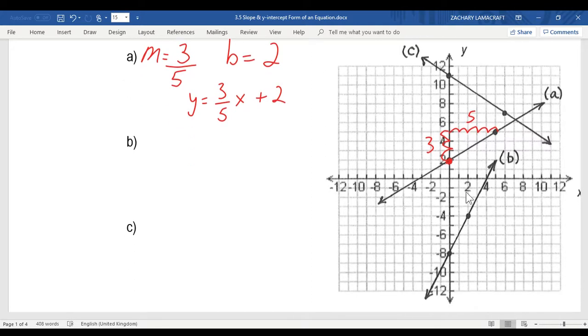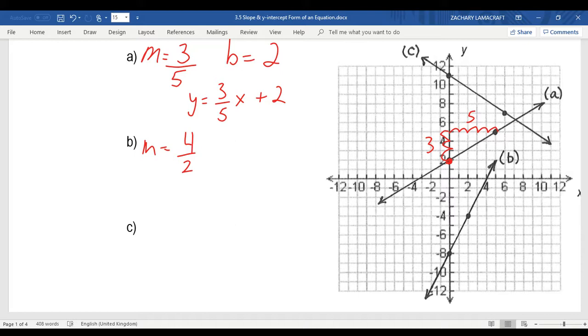Okay, so if we look at B, remember, we're going to count from one point to the other point. So we want to find our slope first. What is our slope? So 4. And then what was your run there, you said? 2. Okay. Can we do anything with that number?